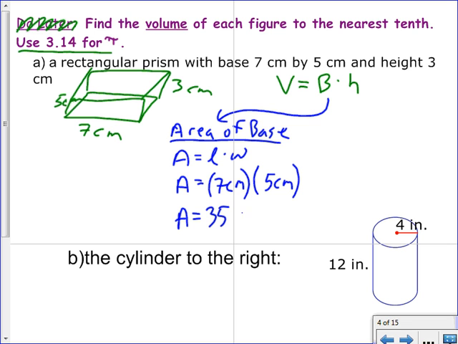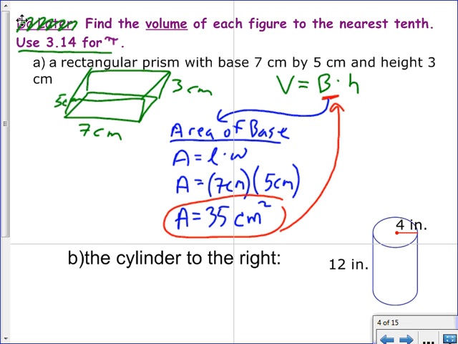Centimeters times centimeters is centimeters squared, because I'm talking about area. Okay? And then, once I have that, I continue my formula for volume, but instead of the B, I will just put in the area I have already found for B. So I get volume equals base times height, but I know my base is 35 centimeters squared.